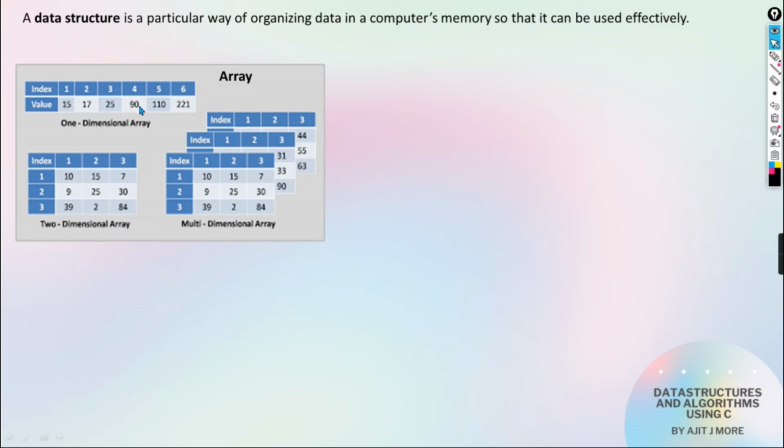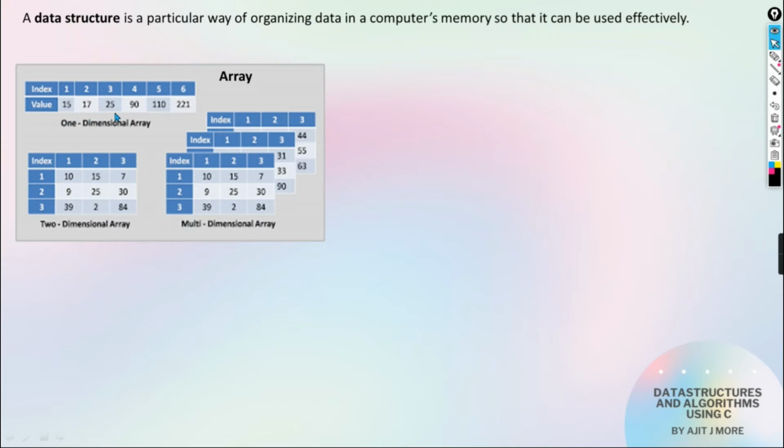All are kept at a fixed distance apart from each other. No one is scattered in the memory. Like if this is an integer array and it takes 4 bytes, everyone will be at a 4 byte distance from each other. So the information is organized in a sequential, contiguous manner. Every element is of the same data type, kept at a fixed distance apart. So this is a one-dimensional array.